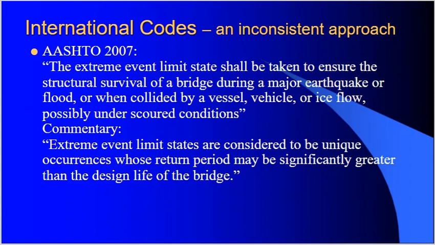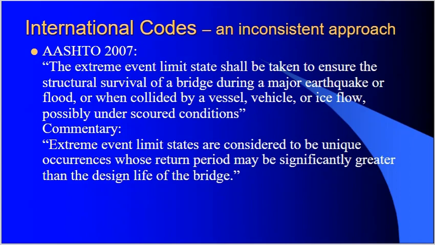The American Association of State Highway Officials code for bridge design is a bit different. It actually recognises the extreme event limit state, which is to ensure structural survival of a bridge during a major earthquake or flood, or under collision of a vessel or a vehicle.